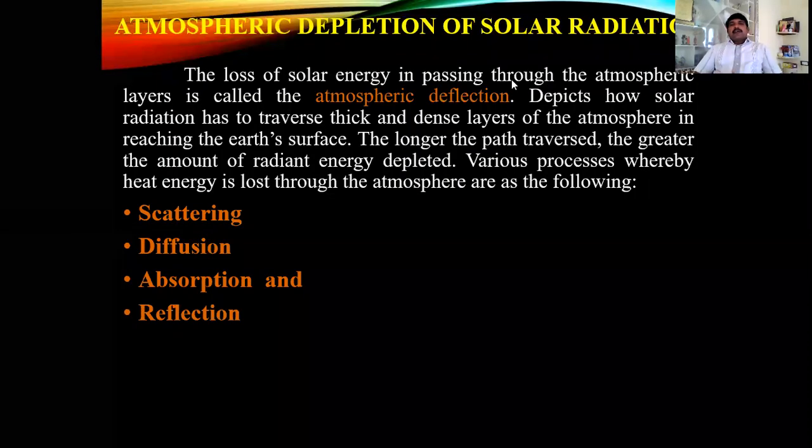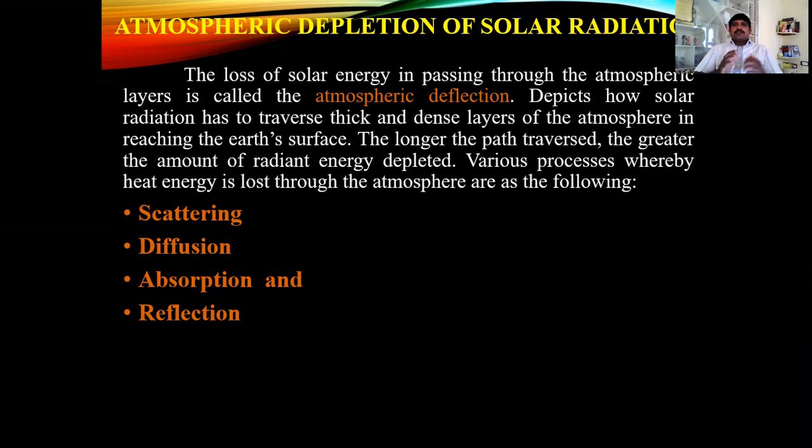The loss of solar energy in passing through the atmospheric layers is called atmospheric depletion. It depicts how solar radiation has to traverse thick and denser layers of the atmosphere in reaching the surface of the earth. The longer the path traversed, the greater the amount of solar radiant energy depleted.